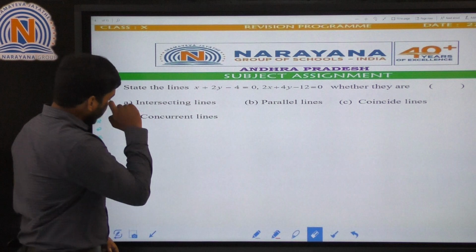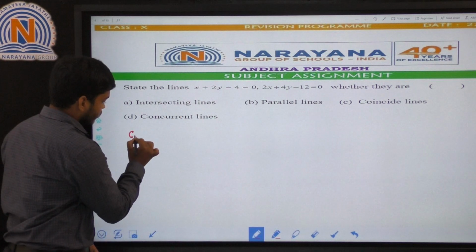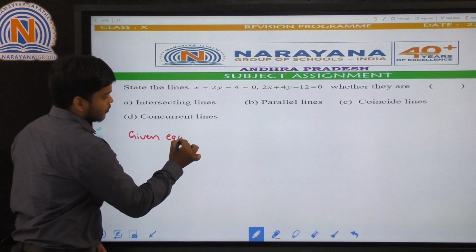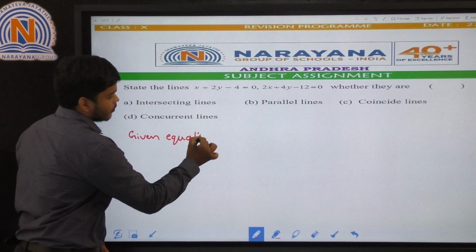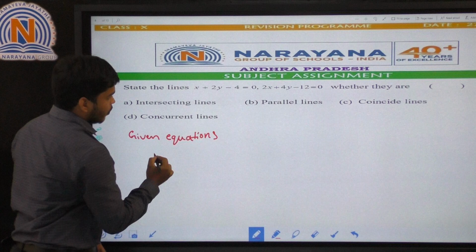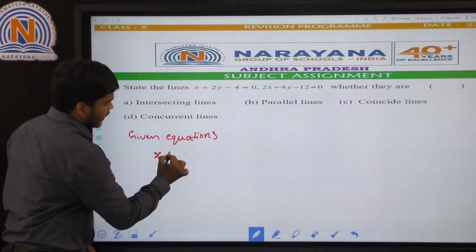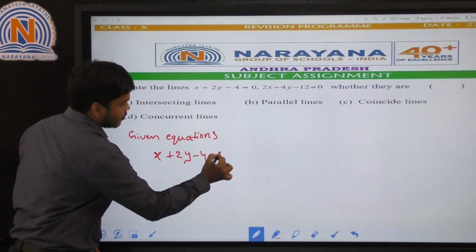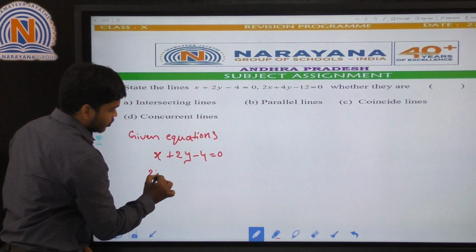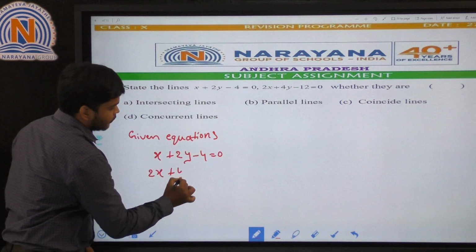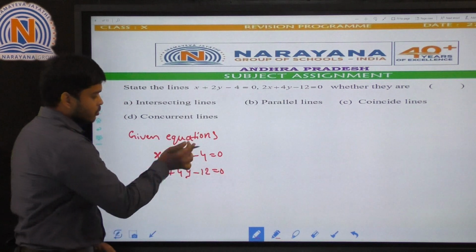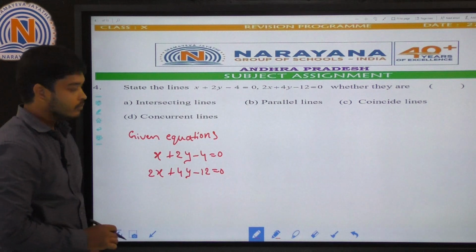So, given equations: x + 2y - 4 = 0 and the second equation is 2x + 4y - 12 = 0. These two equations are given.